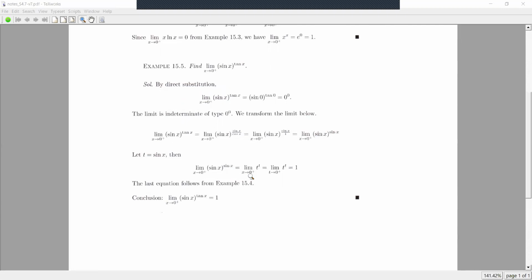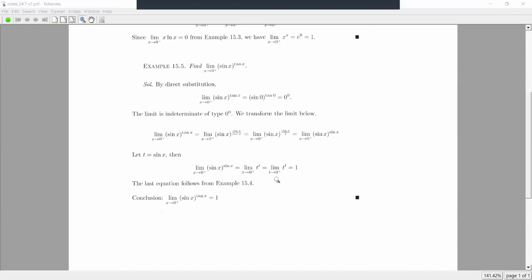Okay. When x approaches 0, t approaches sine of 0. Sine of 0 is 0. So x approaches 0 is equivalent to t approaches 0.